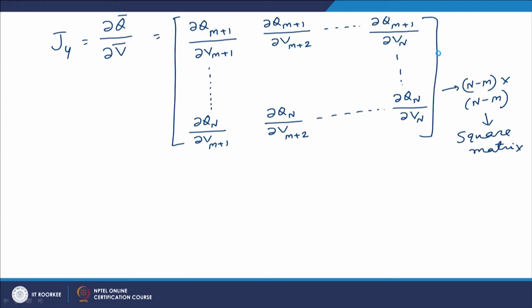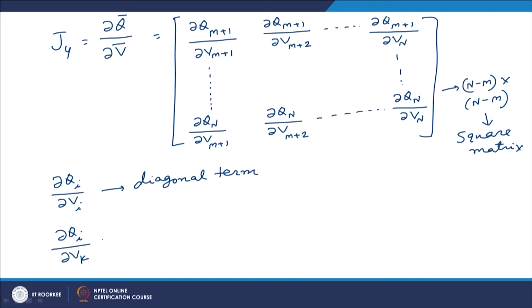Now, because it is a square matrix, it would have diagonal terms as well as off diagonal terms. Diagonal terms would obviously be del q i by del v i, and del q i by del v k, k not equal to i, those would be the off diagonal terms.